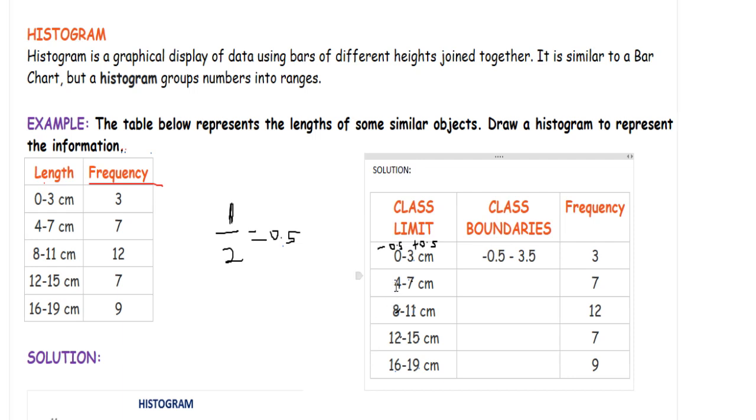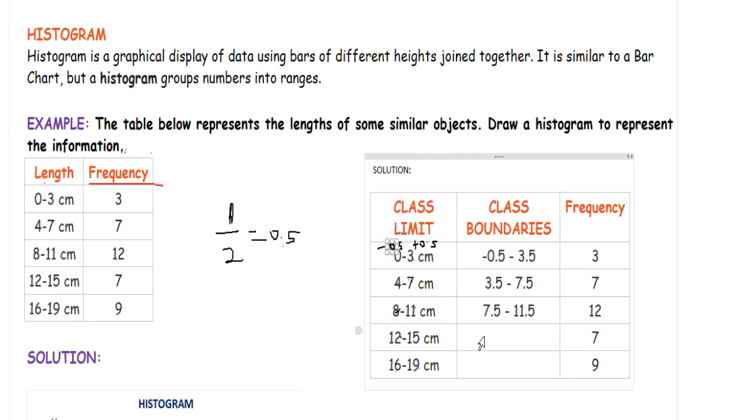So let's continue. 4 minus 0.5 is 3.5. 7 plus 0.5 is 7.5. 8 minus 0.5 is 7.5. 11 plus 0.5 is 11.5.